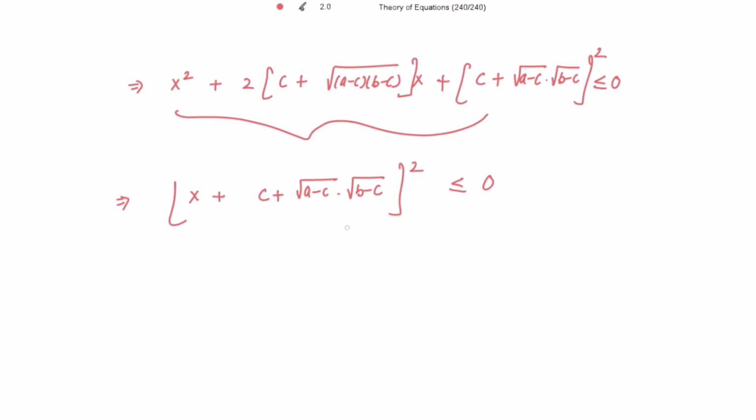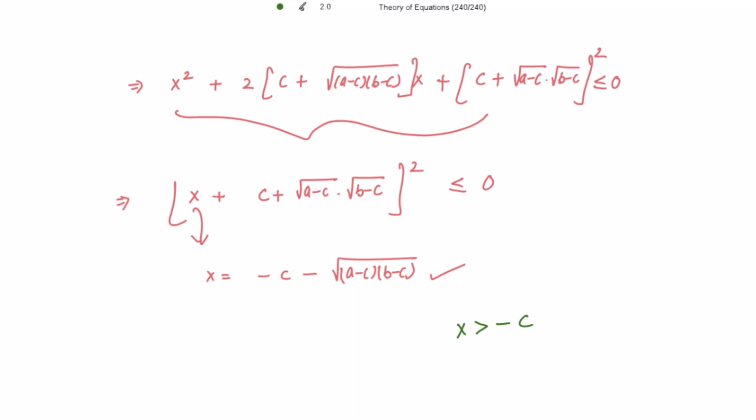Now this can be possible only if x is equal to negative c minus √((a − c)(b − c)). But let's rethink, is this valid or not? As it is given to us that x is strictly greater than negative c, how can x be equal to negative c minus √((a − c)(b − c))?